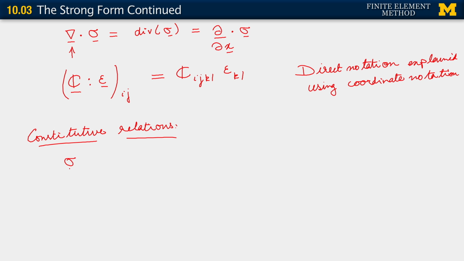We have sigma, I'll use coordinate notation now. Sigma ij equals C ijkl epsilon kl.